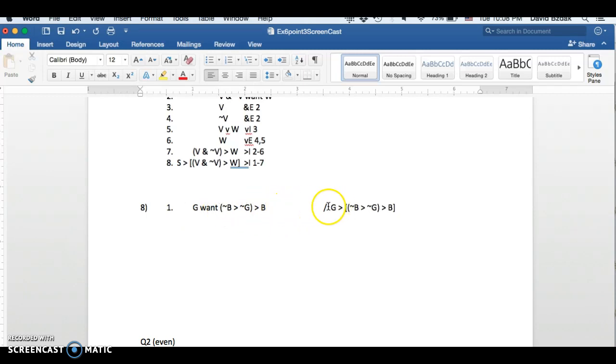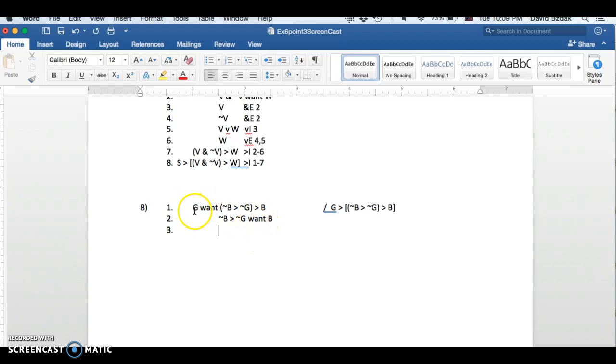What we want is the consequent, all this stuff here. But again, what we want here is also a conditional. So we can use the same strategy. Assume the antecedent, not B, then not G, and want the consequent.